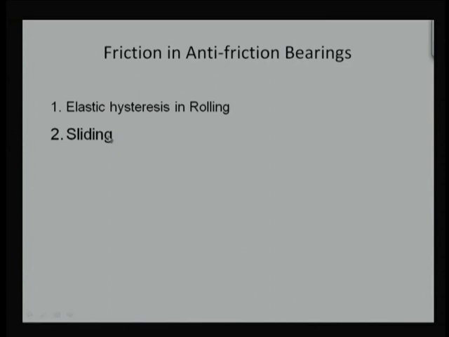The second one is sliding. Even though it is named a rolling element bearing, in those bearings sliding occurs. There will be some sort of relative velocity, some sort of tangential velocity, and that will not be rolling. There are a number of reasons.